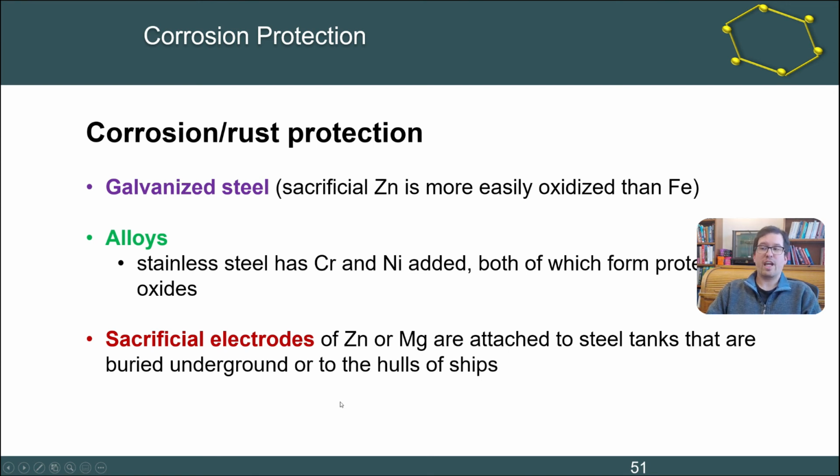It's ultimately attached to that steel tank. It's buried underground, and then that undergoes oxidation rather than your actual tank. And so that's all fine and good because you don't care about it. All right, so that's again a major way that corrosion can be inhibited. There are many other methods, but that's just the very basics.